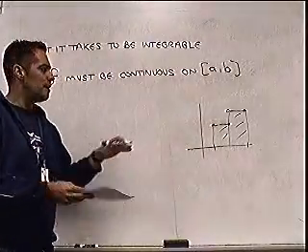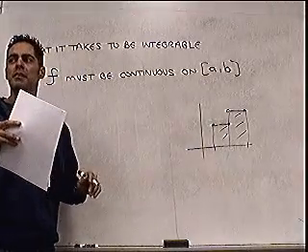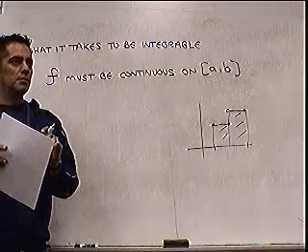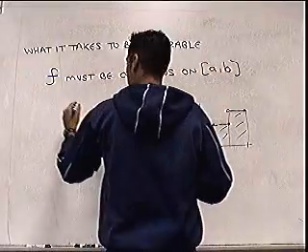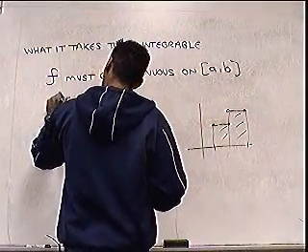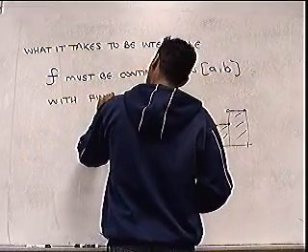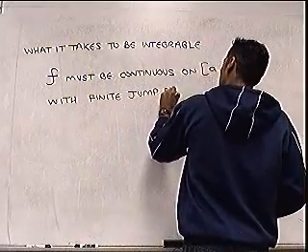It could be possible that there might be a break in the graph, but what it needs is a finite number of breaks. So that's the next thing I'm going to write on this. F must be continuous on a closed interval with finite jump discontinuities.